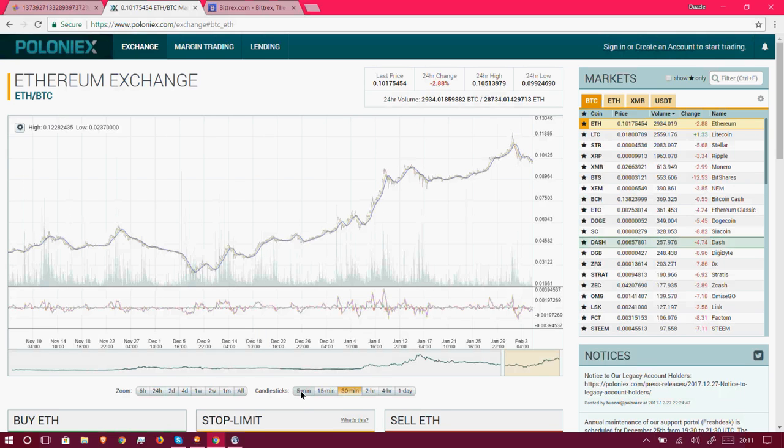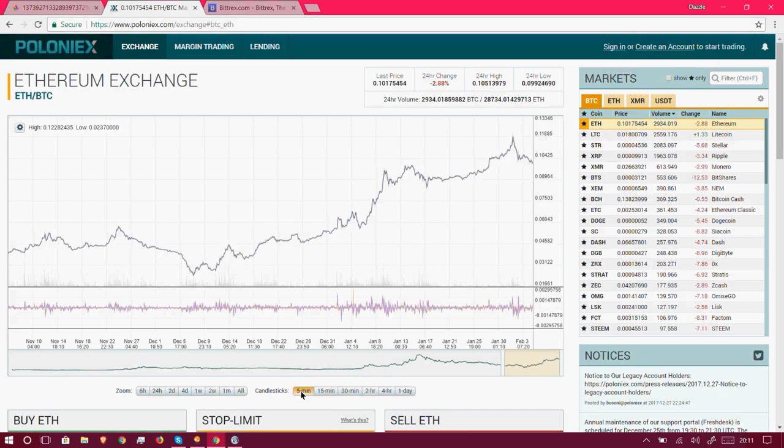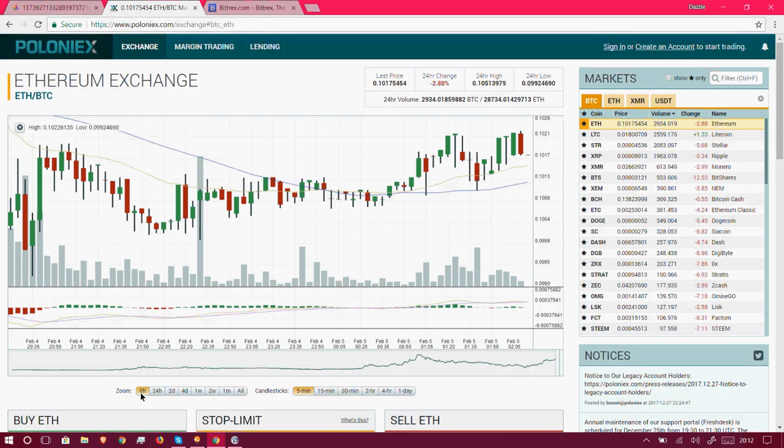So if we're going to use the 5-minute chart, we're going to click 5-minute and give it a second to load and catch up with itself. And then we're also going to click the 6-hour. If we were using the 15-minute chart, we would click 15-minute and 24 hours to make the candles line up properly how we need them to line up.